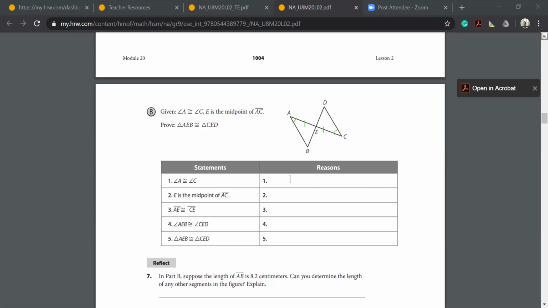Okay, let's begin writing. First of all, angle A equals angle C, this is given. E is the midpoint of AC, again, this is given. So AE equals CE. This is the definition of what? Definition of midpoint.